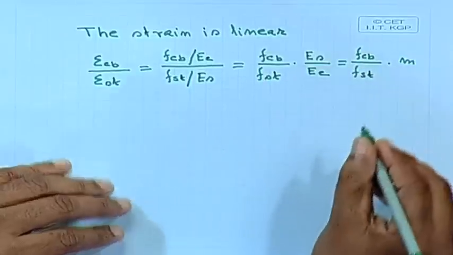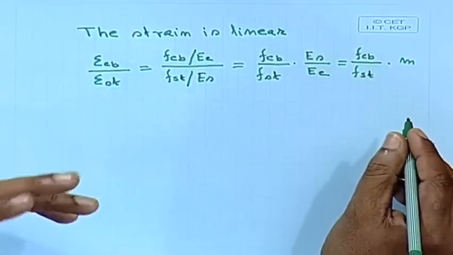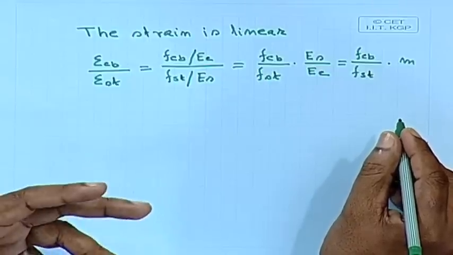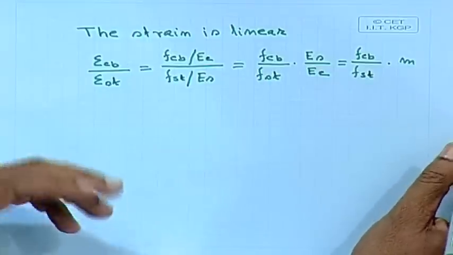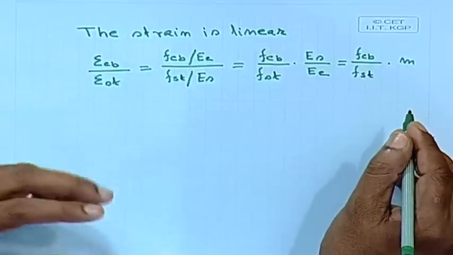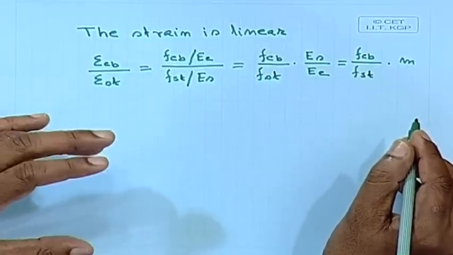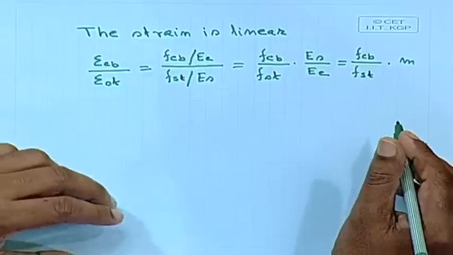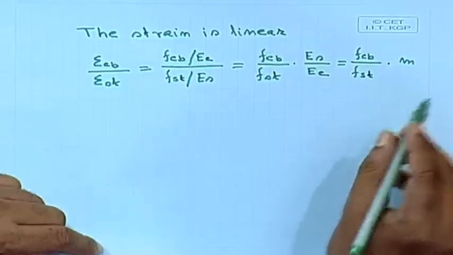E_s by E_c is nothing but m, because that is the modular ratio, and working stress method is nothing but the modular ratio method also. That E_s by E_c is the governing one in our whole design, that modular ratio m.